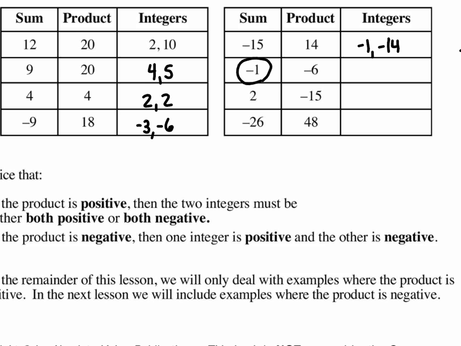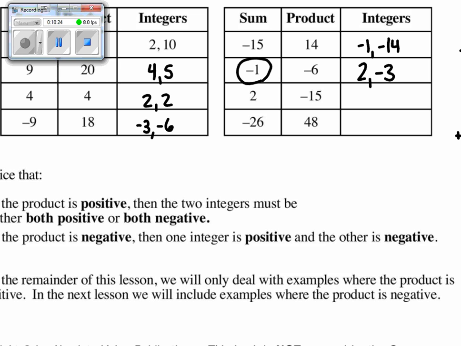So which one of these has a difference of 1 between them? 2 and 3. Because we want to add to a negative, the 3 is negative and the 2 will be positive. Will that add to negative 1? Yes. Will it multiply to negative 6? Yeah.